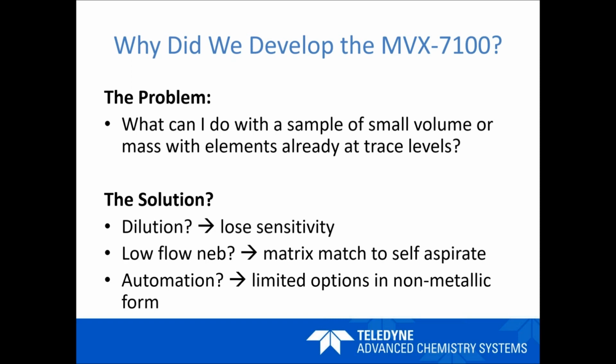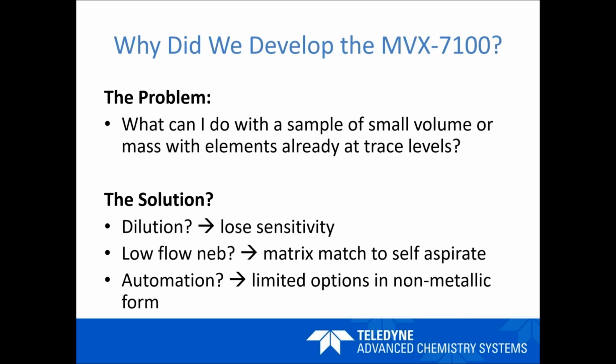There exist, and have done for a long time, some low flow rate nebulizers where you would use natural aspiration to take up a sample into an ICP. Those work very well for certain applications, but they do have some additional challenges as well for some sample matrix types. They might be too volatile.